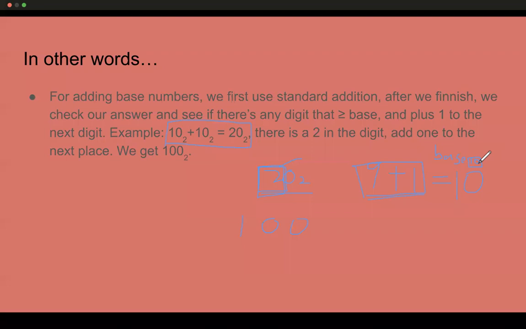Let me think how to explain this in simpler terms. The 10 itself is 1 in the tens digit and 0 in the units digit. There is no greater unit digit than 9, right? Right, guys? You can't have a one digit number greater than 9.